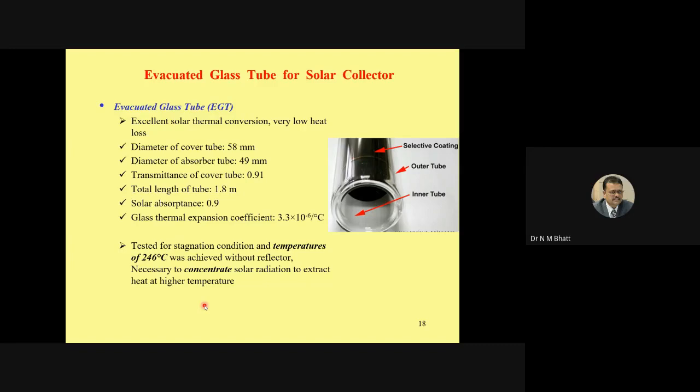For that potato cold store, we designed this solar collector based on the commercially available evaporated glass tube. We concluded that it is necessary to concentrate the solar radiation to extract the heat at higher temperature.